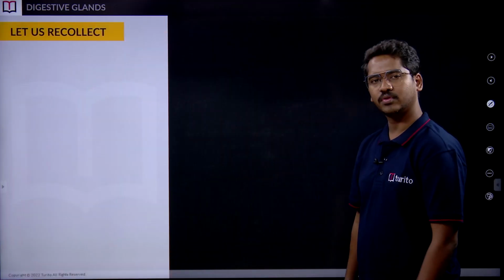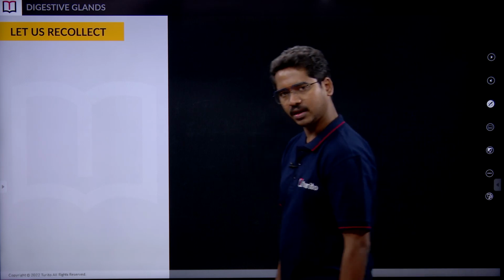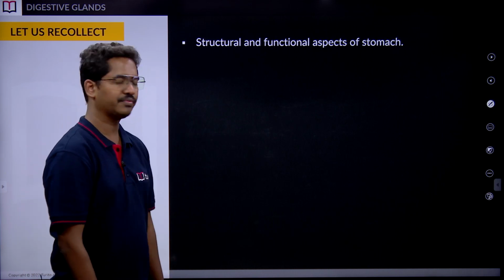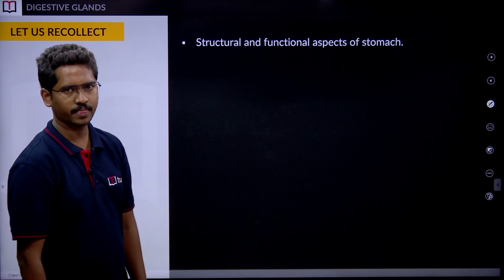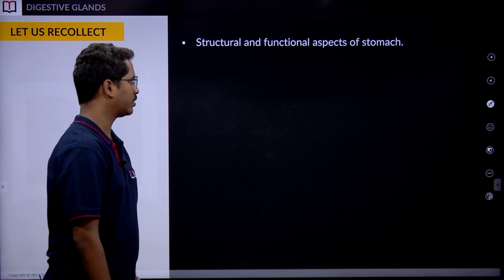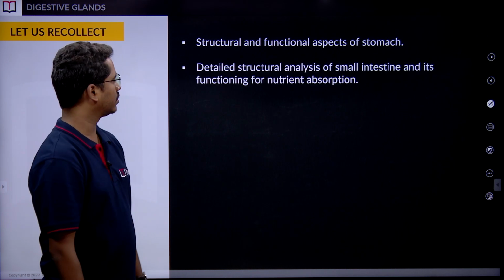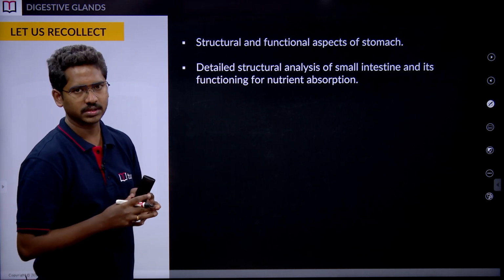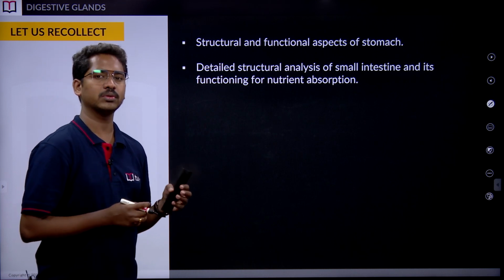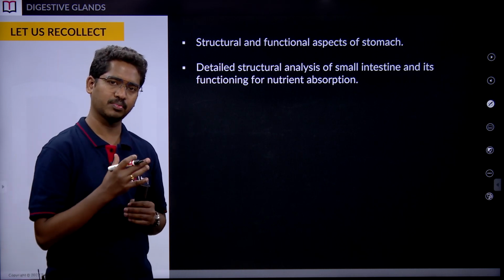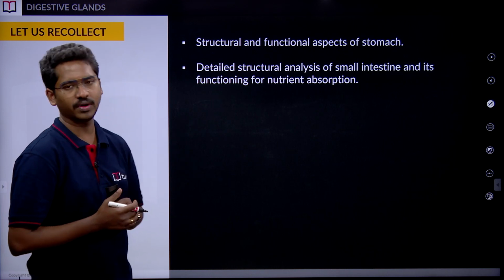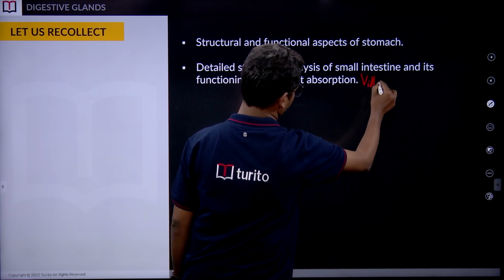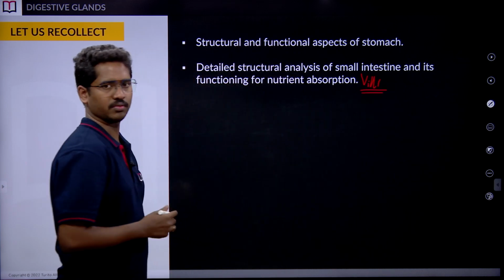Okay. And then we would see what we have done in the previous session. In the previous session we were looking into the structural and functional aspects of the stomach, following which we looked into a detailed analysis of the small intestine, and we looked into the microscopic finger-like projections, that is villi.